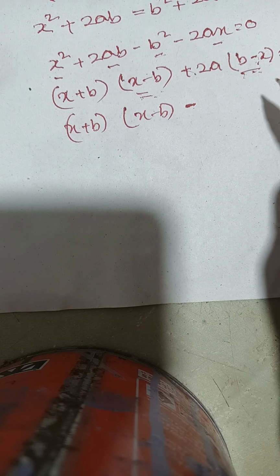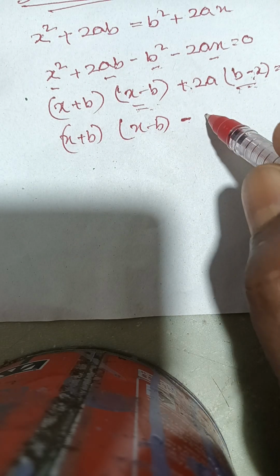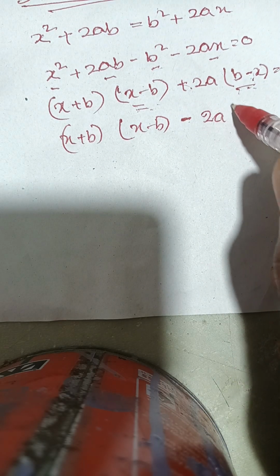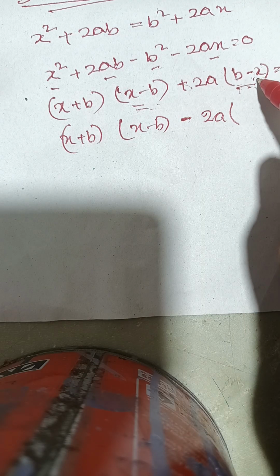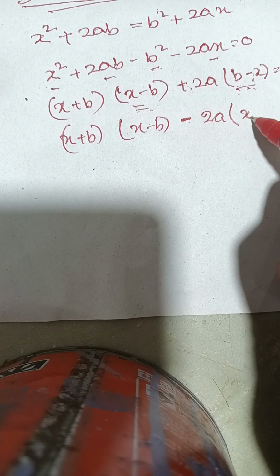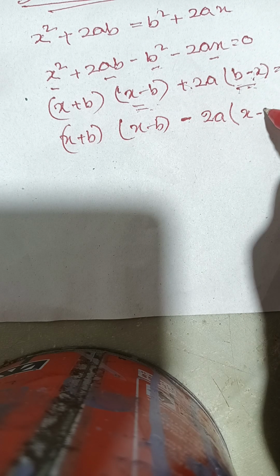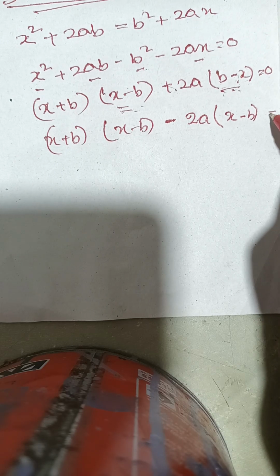This plus sign will be minus sign. And if you give minus here, it will be twice a into, their sign will be changed. Minus becomes plus and plus becomes minus, is equal to 0.